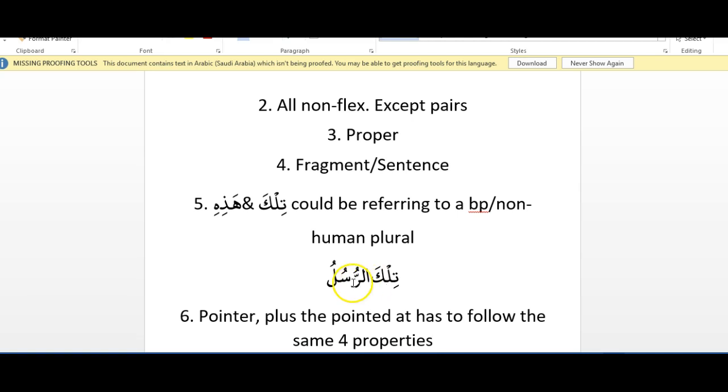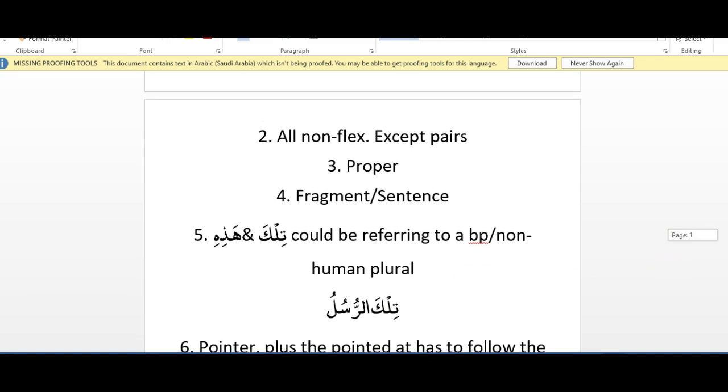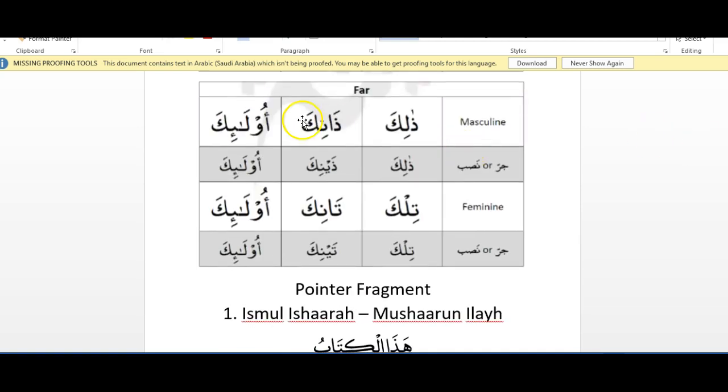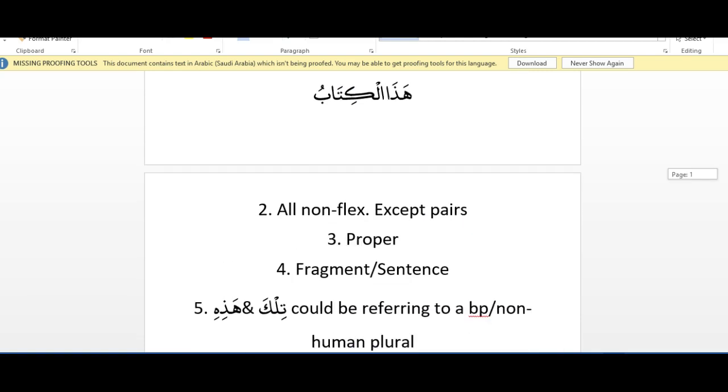Now thinking back at that, because ar-rusulu is a human broken plural, it could also be treated as the translation suggests, which would be plural masculine. Now if we wanted to, we could also use the plural masculine version of the pointer as well, which would be ulaika. Ulaika. And the translation of that again would be those messengers.